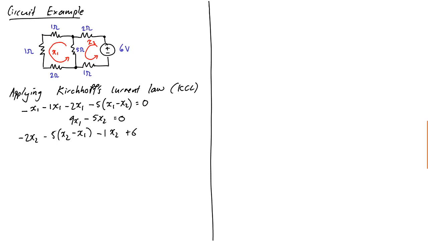As I go through the 6 volt source, I get back to where I started, and I get 0. Once again, rearranging this, we get negative 5x1 plus 8x2 equals 6. And we can write this as a matrix equation, which we can then solve for x1 and x2.